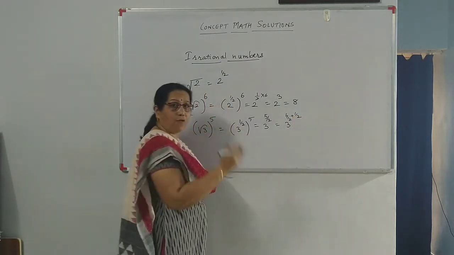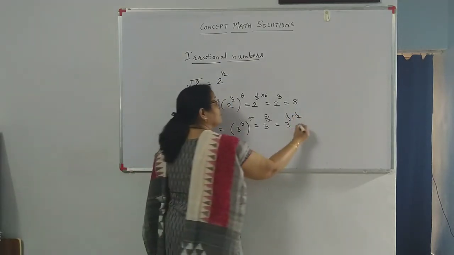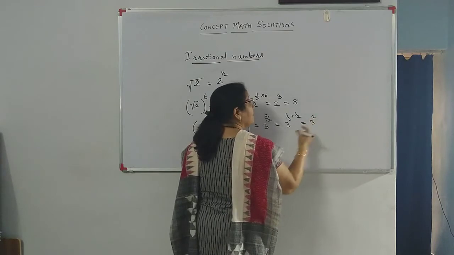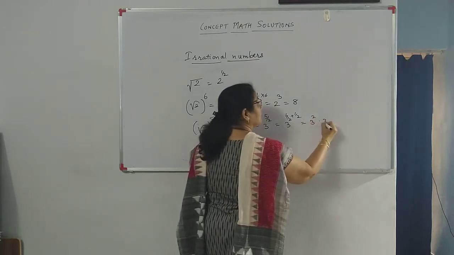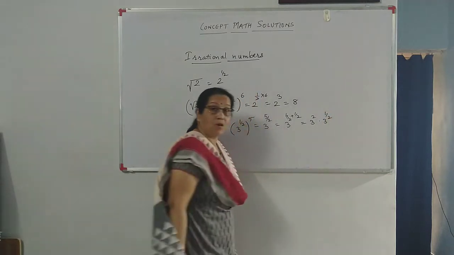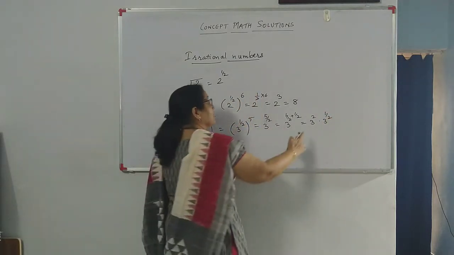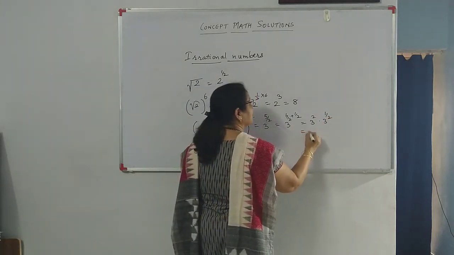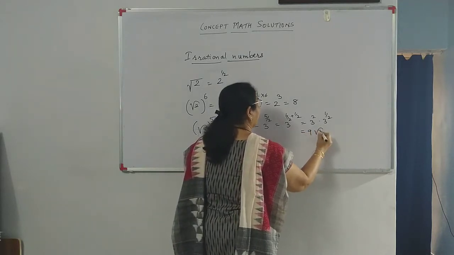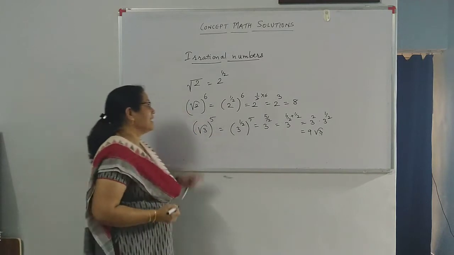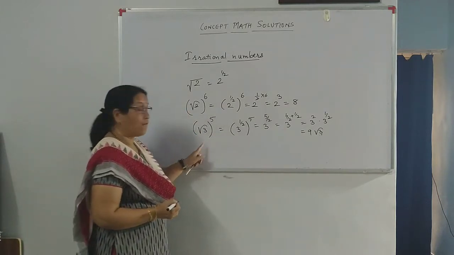I am separating because 4 by 2 is divisible. So this is 3 square. When you add the powers, it is multiplication of equal bases, laws of exponents. Now this is 3 square, which is 9 root 3. That is root 3 to the power 5.